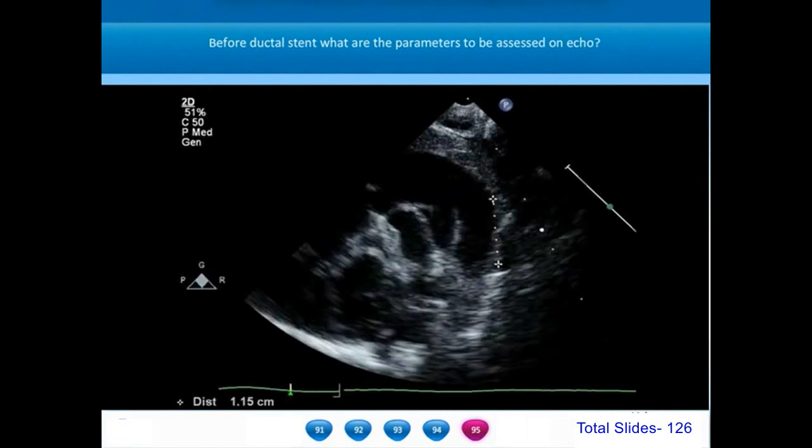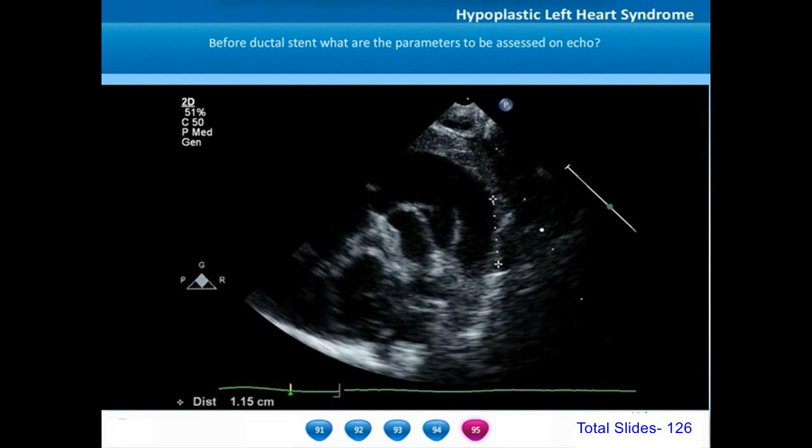Measuring the entire length of the ductus on a ductal view is very crucial. The length of the ductal stent should be longer than the length of the ductus arteriosus. Any portion of the ductus which is left uncovered will have a very severe ductal area stenosis once the prostaglandin effect goes away.